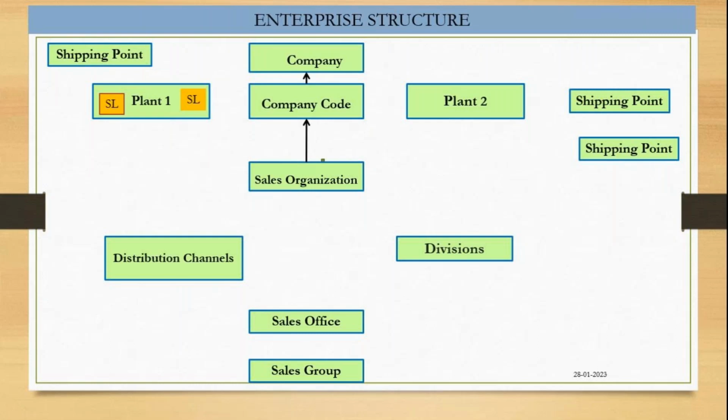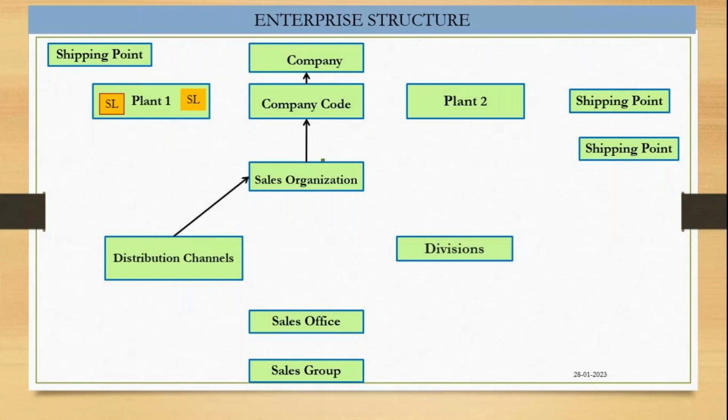Similarly, for distribution channels, I told you a distribution channel is nothing but a channel through which a material reaches the customer. Every distribution channel represents a business strategy, like how you are distributing your materials. So you define the distribution channels, but if you are not assigning them to the sales organization, that is of no use.